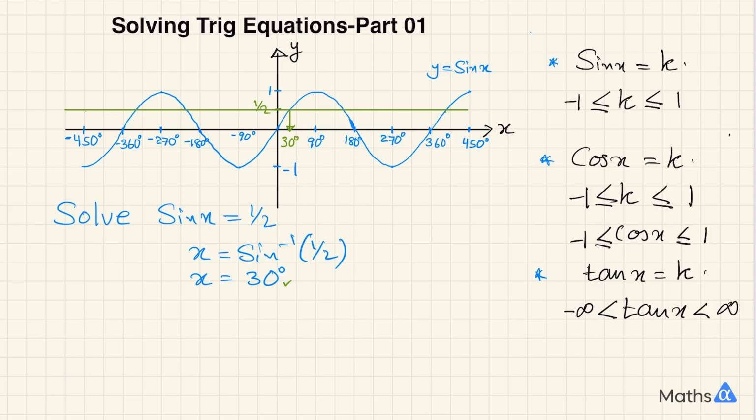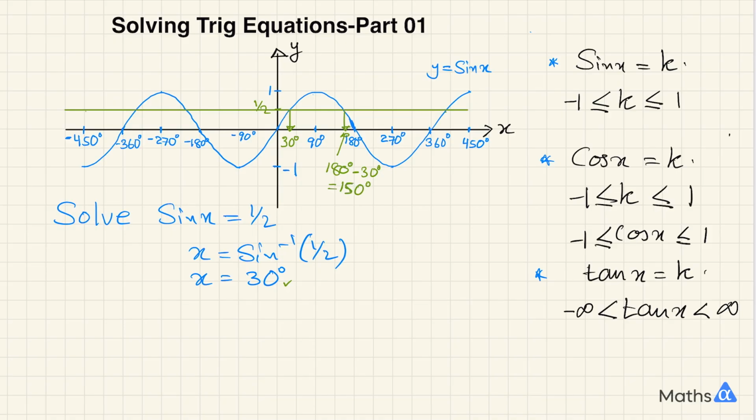And you can see we have another angle that gives us half for the sine function. We can read this angle: this length is also 30, so we get this angle as 180 minus 30. That's 150 degrees.